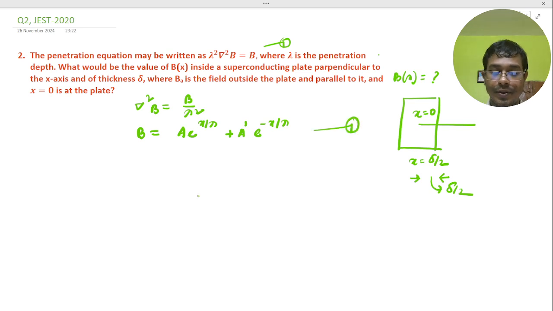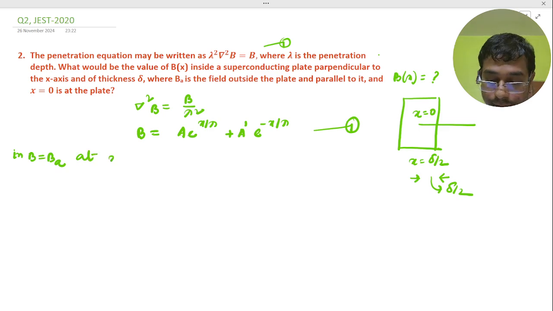This is equation number 1. Applying the condition, what is the condition? B equal to Ba at x equal to delta by 2 and x equal to minus delta by 2.